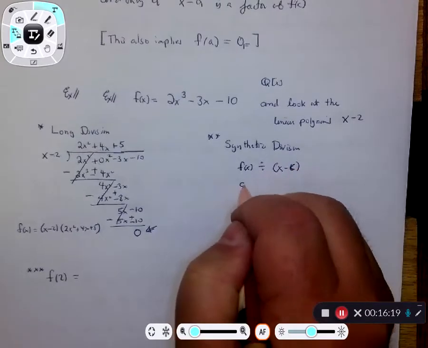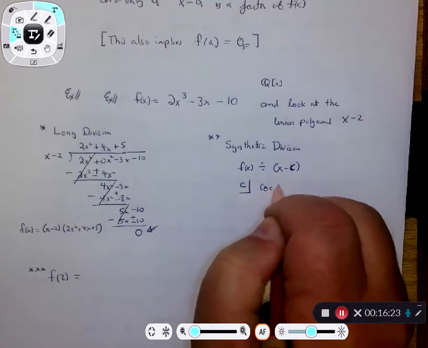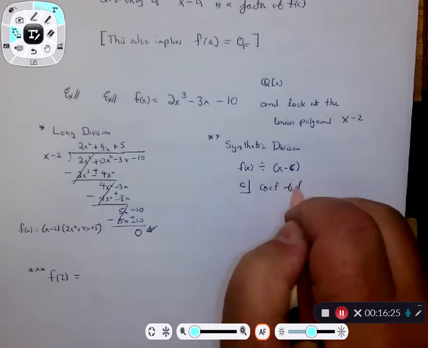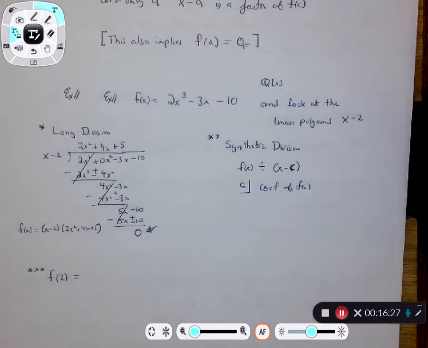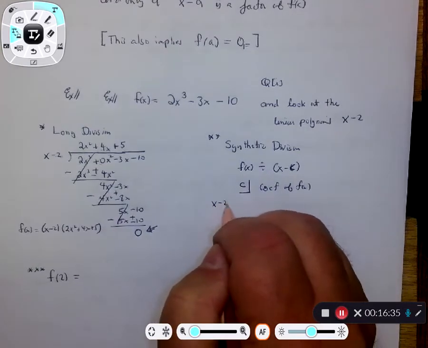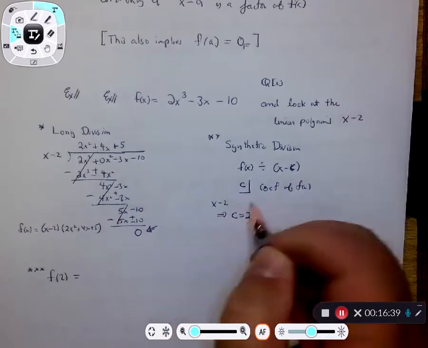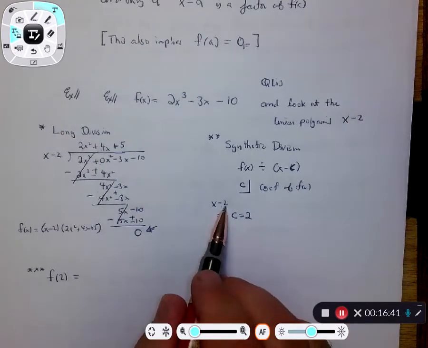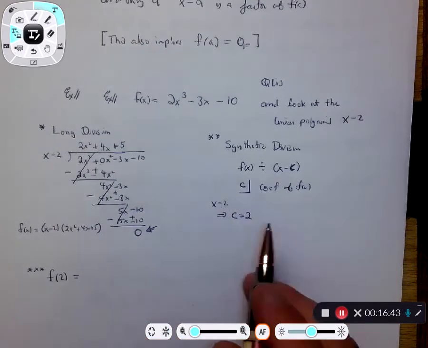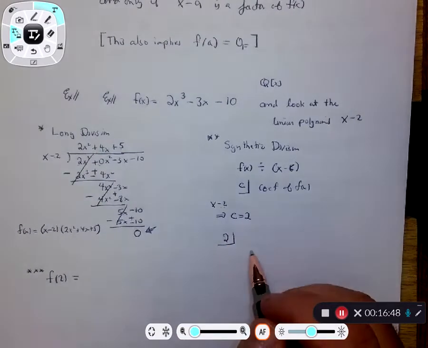Then you take c and divide into the coefficients of f(x). And if there's a term missing, you've got to put 0 in for it. Just to remind you, because this will save us a lot more time, if I've got the factor x minus 2, that implies c is equal to 2. So I'm going to take 2 and divide into the coefficients of my polynomial.